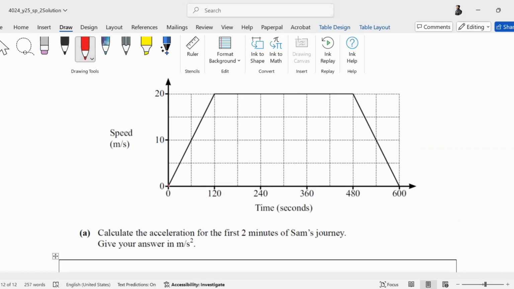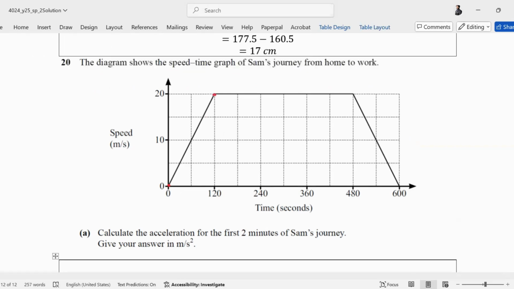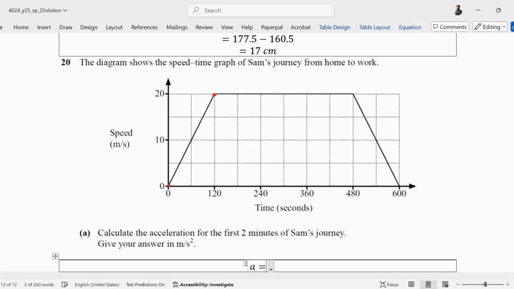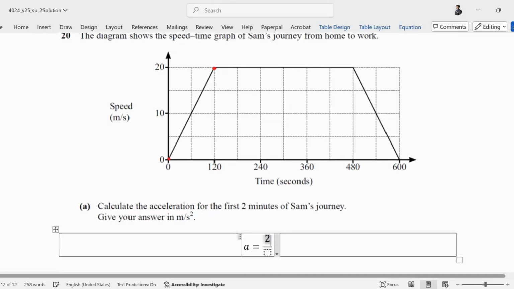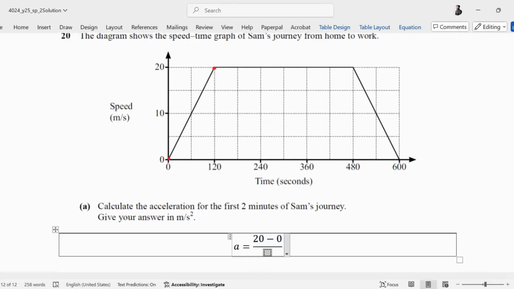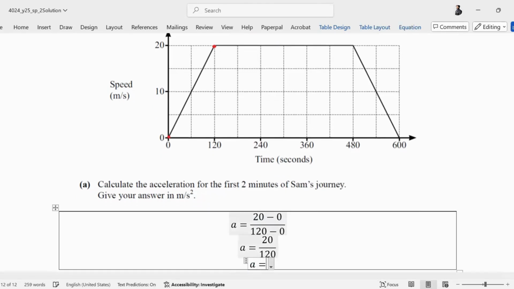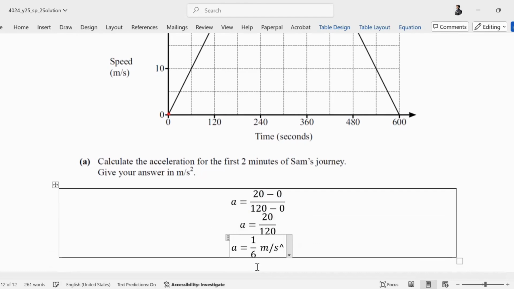Let's take one as 0, 0, and the other is 120, 20. So gradient, which is the acceleration, is y2 minus y1, 20 minus 0, upon x2 minus x1. So acceleration is 20 upon 120, and when you simplify it, the zeros cancel, 1 upon 6 meter per second squared.